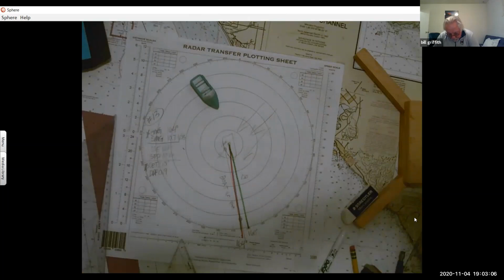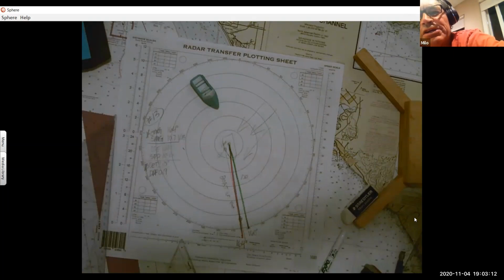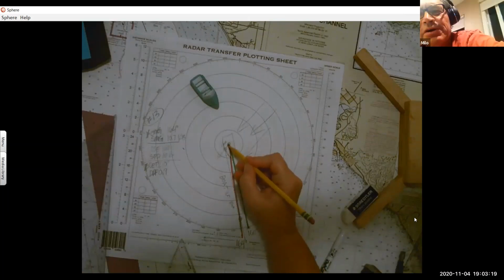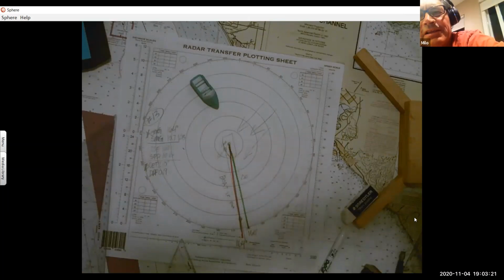Can we go back to this one just one more second? Yes. So this other line you drew for the current, from the center, and then you drew a line from there to this point down here, 164.